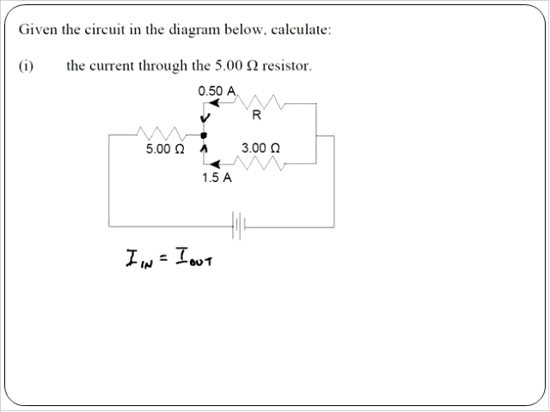So 0.50 plus 1.5 equals that current out, which means 2.0 amps is the current through that 5 ohm resistor. Just use the current law. That's it. Simple as that. That's not difficult at all.